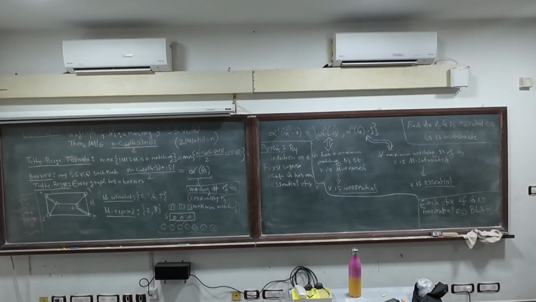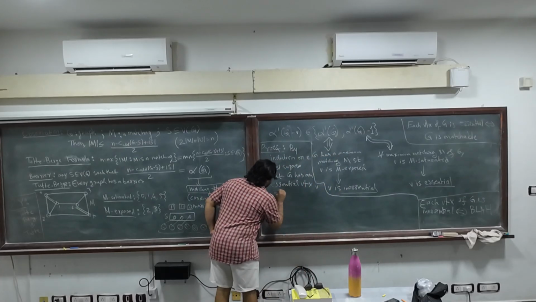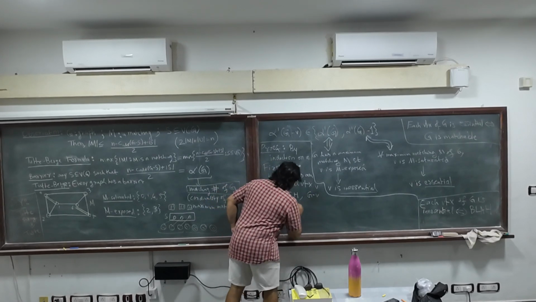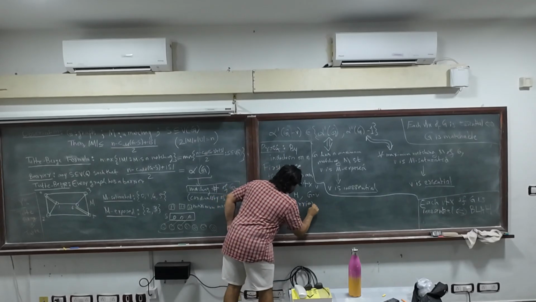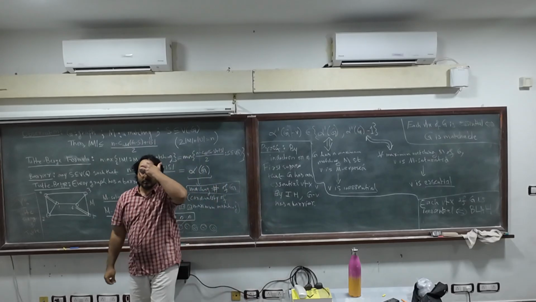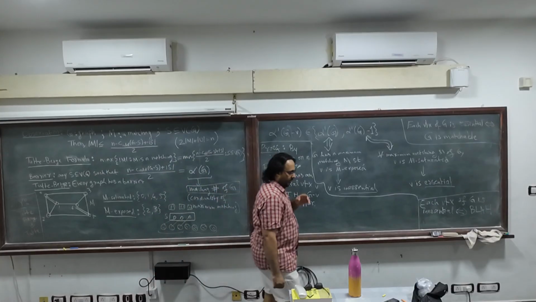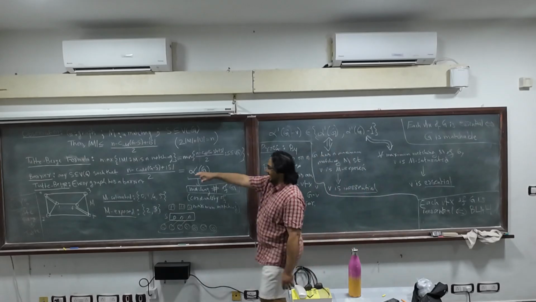Consider the graph G minus V. By the induction hypothesis, G minus V has a barrier B. What you should do is write down the definition of barrier.